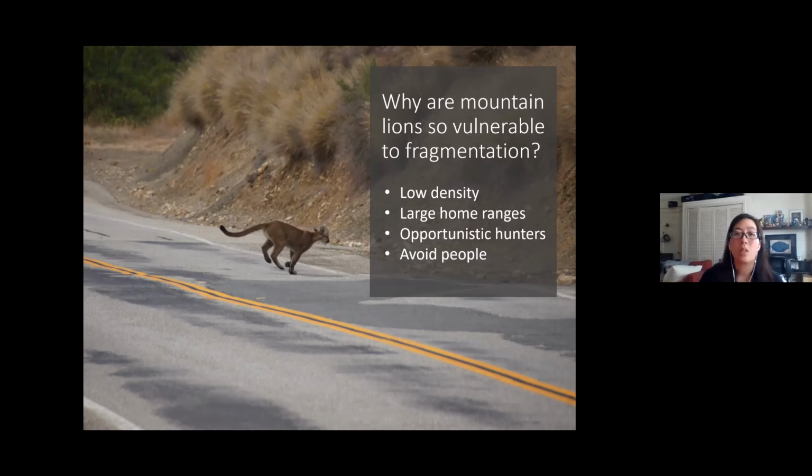And they're also opportunistic hunters. So they eat whatever they can get their paws on. Deer are their main prey, but they also eat coyotes, raccoons, porcupines, skunks, and unfortunately that means they also eat livestock and pets if they're not kept in lion-proof enclosures at night, or kept inside the home. And that can lead to conflicts, and therefore the depredation permits.